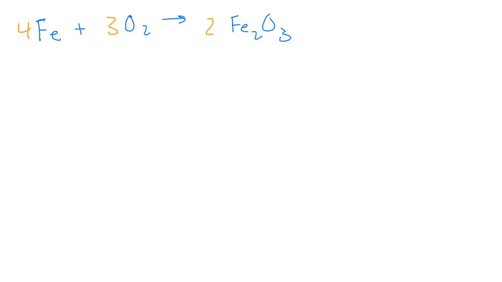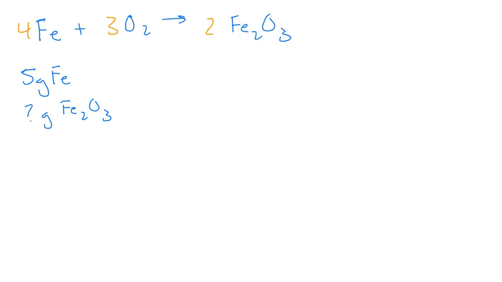It's very similar to the other one we did, the exact same. And so now we know that we're given 5 grams of iron, and we're looking for how many grams of product.